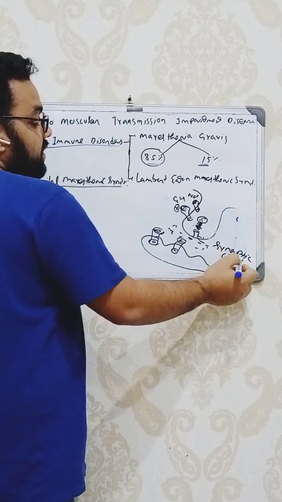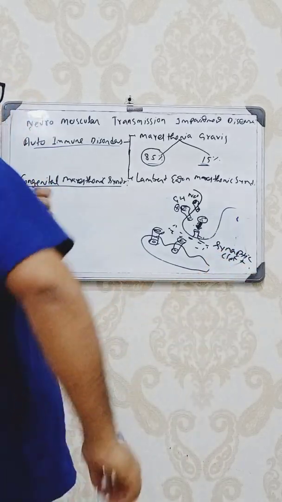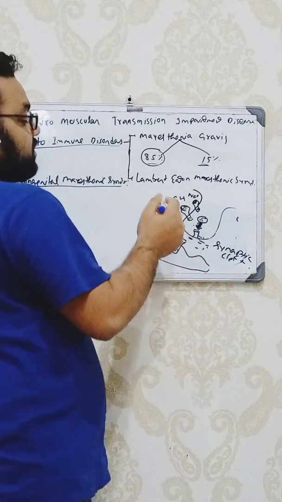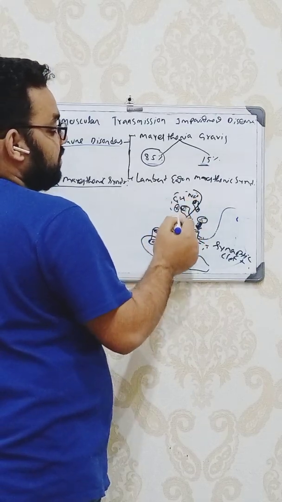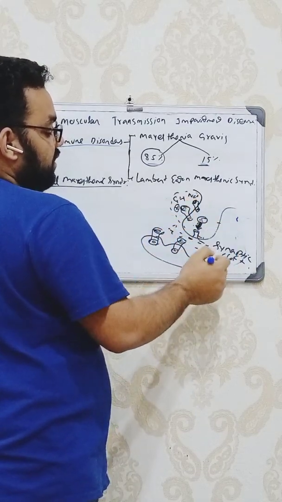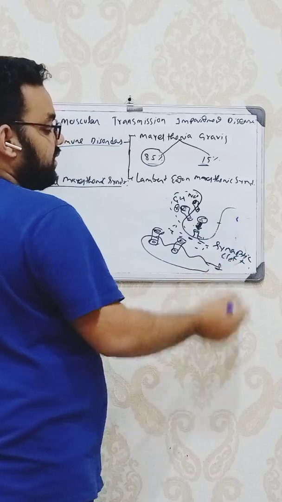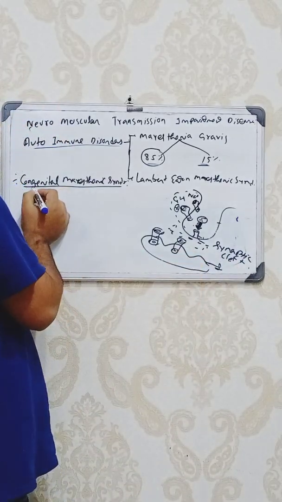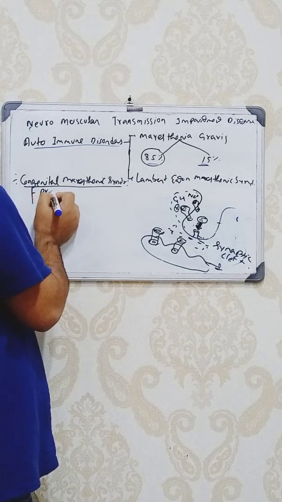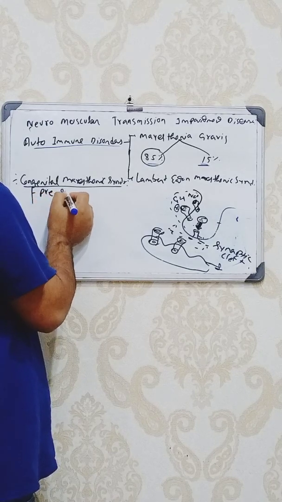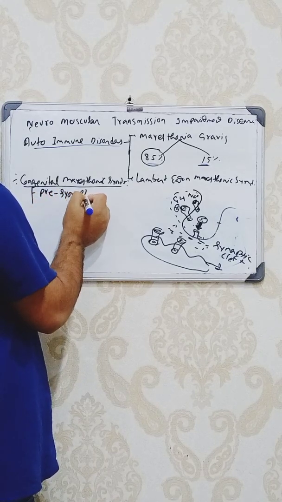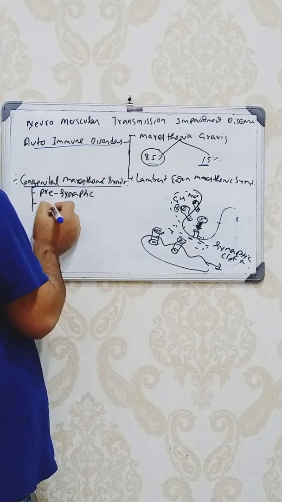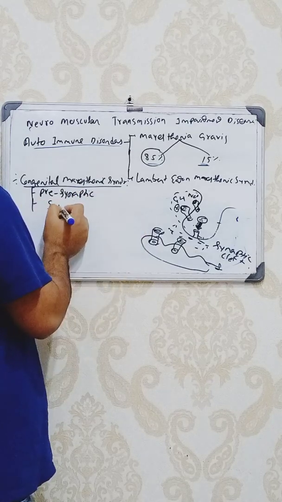Now, in these cases, we will see that the persons may have mutations in the structures or functions of the presynaptic membrane, the postsynaptic membrane, or the synaptic cleft. Now the problem here we will see in these three parts. One is the problem or mutations in the presynaptic, maybe synaptic or the synaptic cleft.